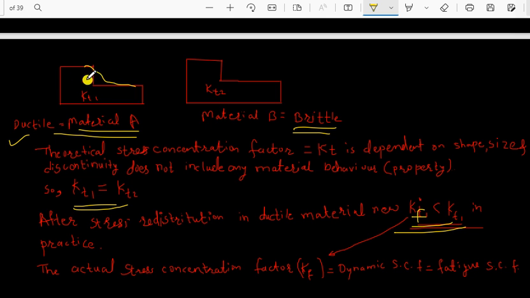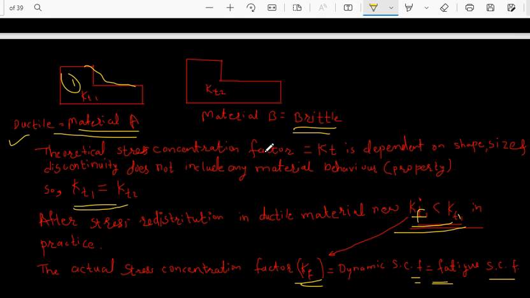I am talking now about this first component, KT1, right? So in actual practice, KT1 will always be greater than the actual stress concentration factor, denoted by KF, also known as dynamic stress concentration factor or fatigue stress concentration factor.